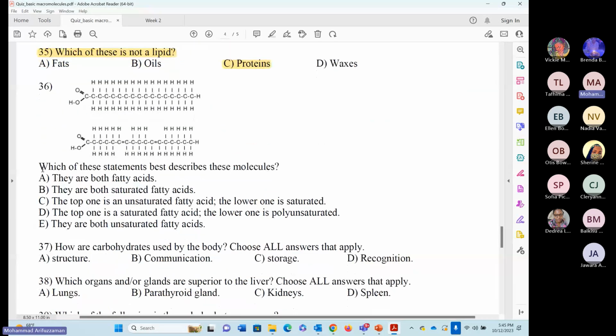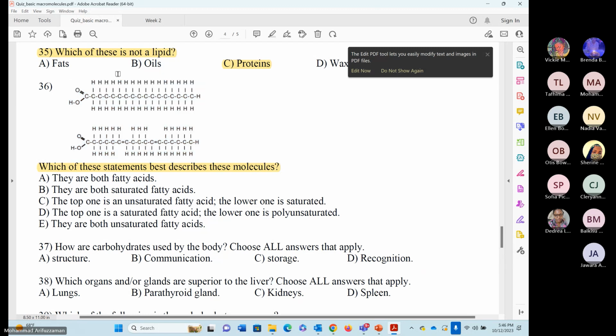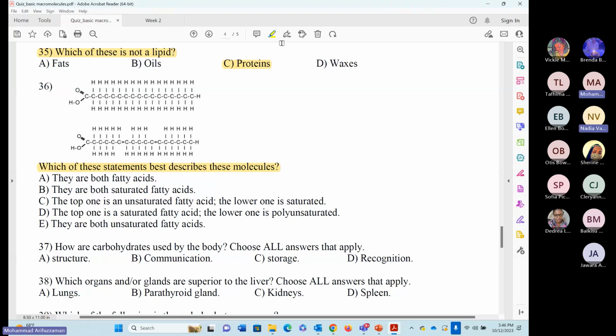Now the question: which of these statements best describes this molecule? Look at the molecules. There are two molecules, 1 and 2. Both are fatty acids.